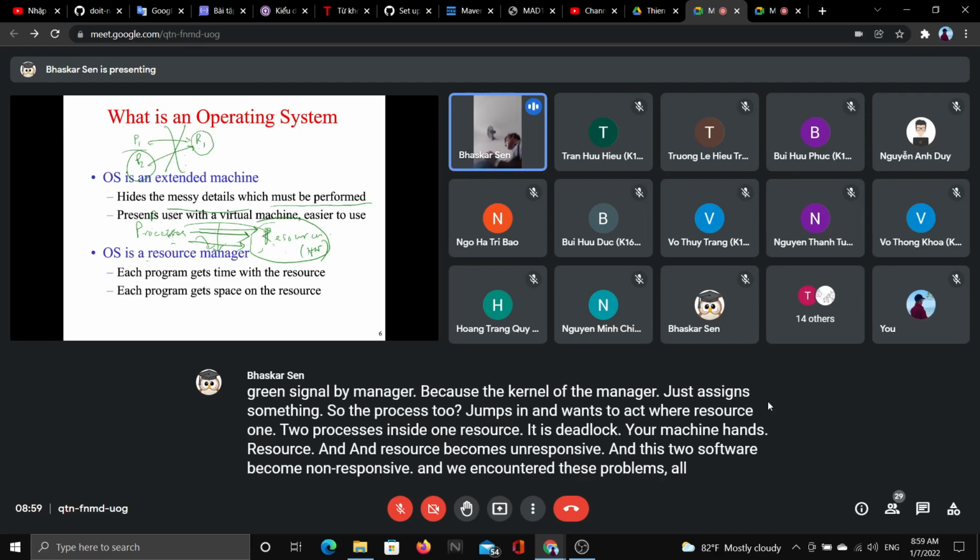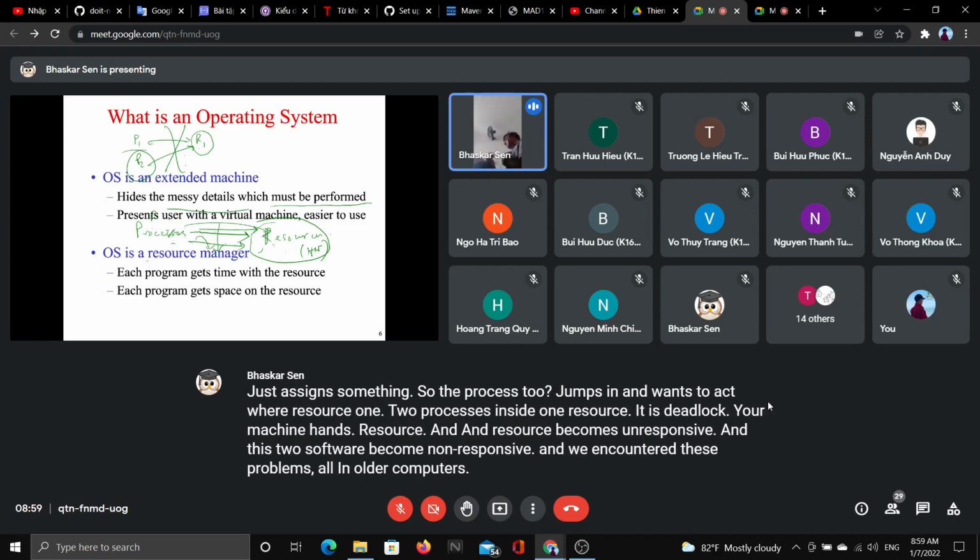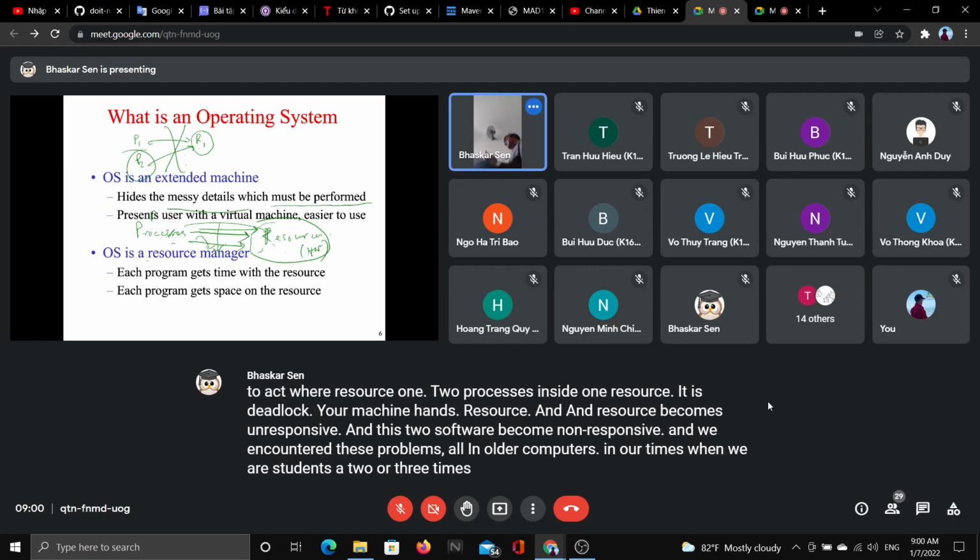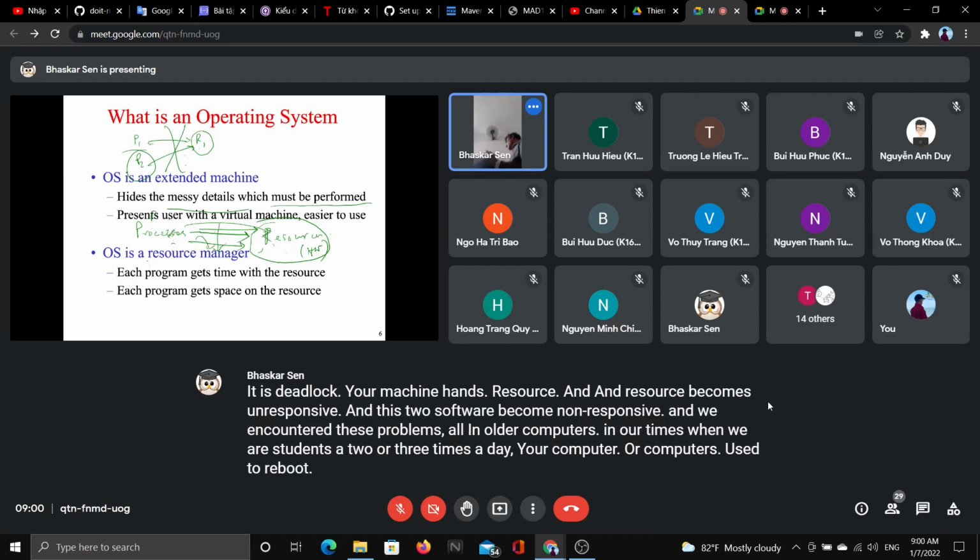In older computers, in our times when we were students, 2 or 3 times a day your computer used to auto reboot, used to crash. Crash was so common.